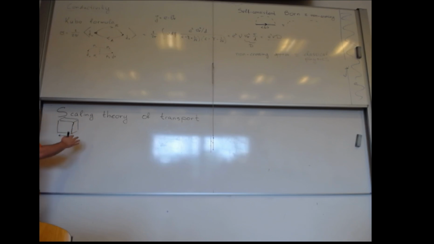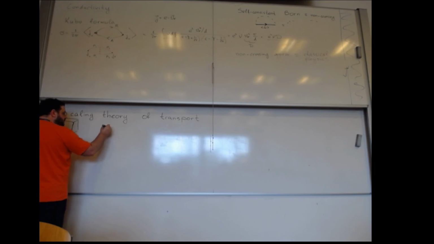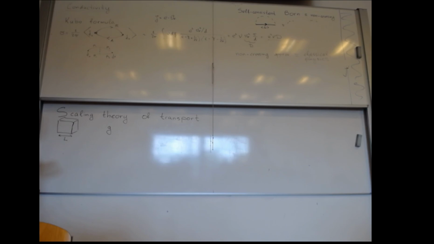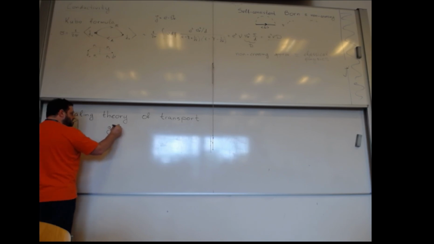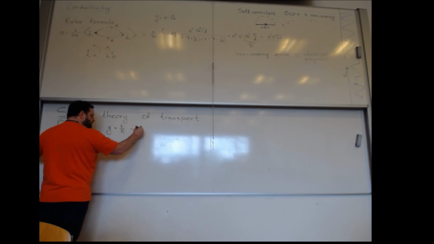If it's metal, you can attach two contacts to it and measure its resistance. Or what people usually discuss is conductance. Conductance is inverse resistance.